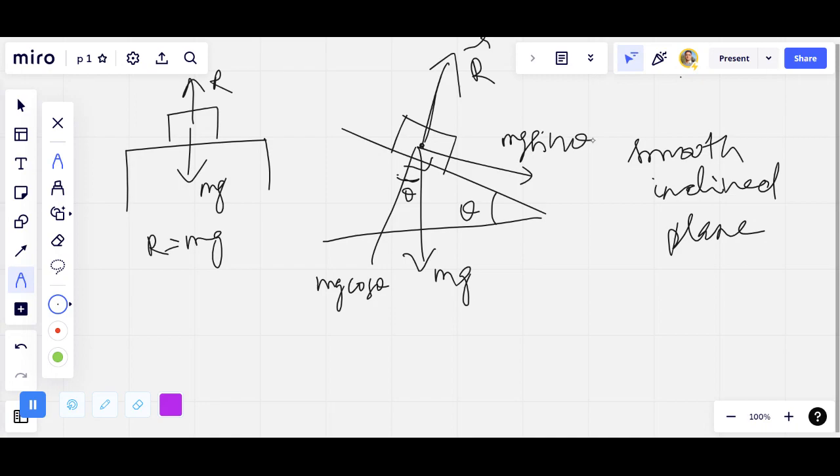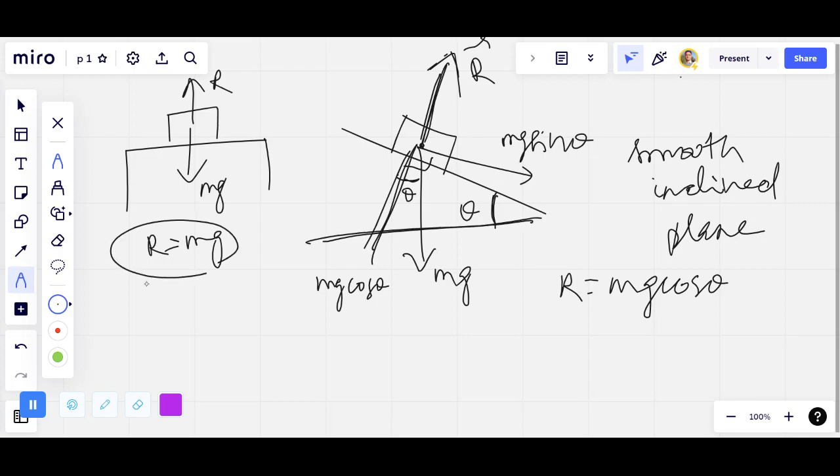Now R is exactly equal and opposite to this mg cos theta. So I can write R equal to mg cos theta, because now the plane is inclined by an angle theta with the horizontal. Earlier R was exactly equal to mg, but here the case is different. R equal to mg cos theta.